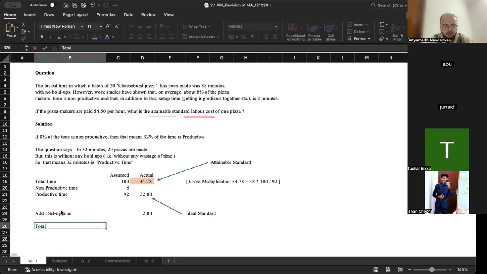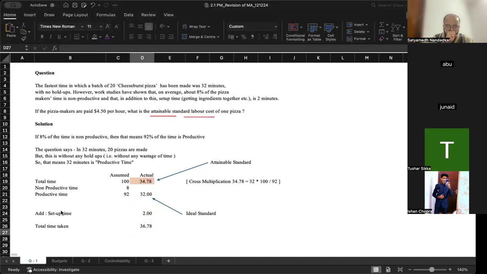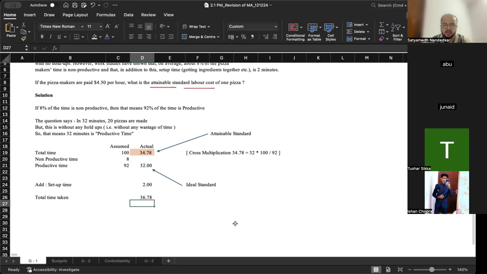So, what is the total time taken? Total time taken is 32 plus 2. Not 32, sorry. 34.78 plus 2, 36.78. Now, 36.78 is again the attainable standard time.